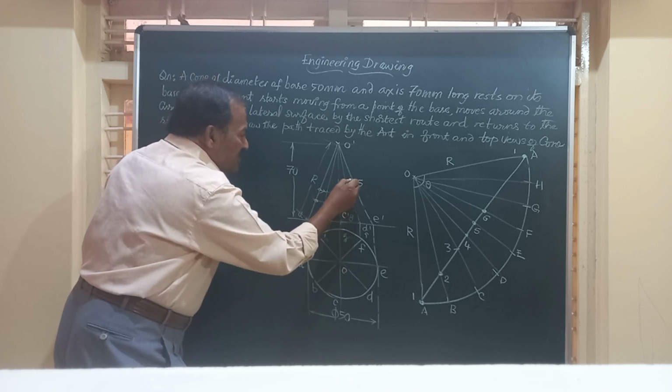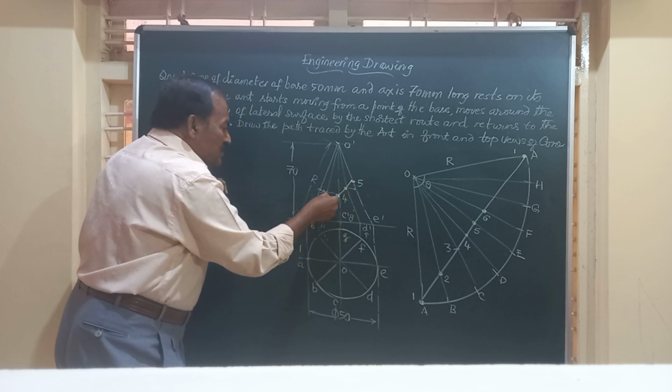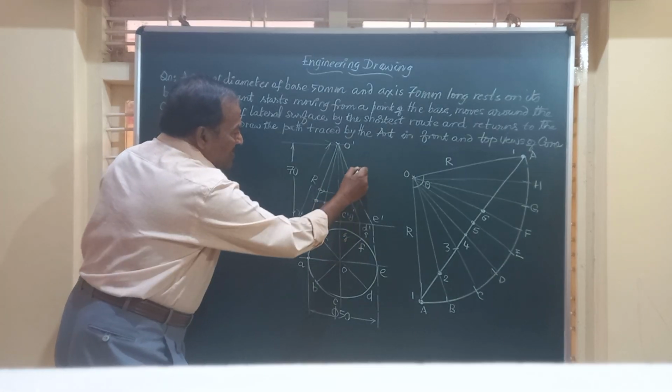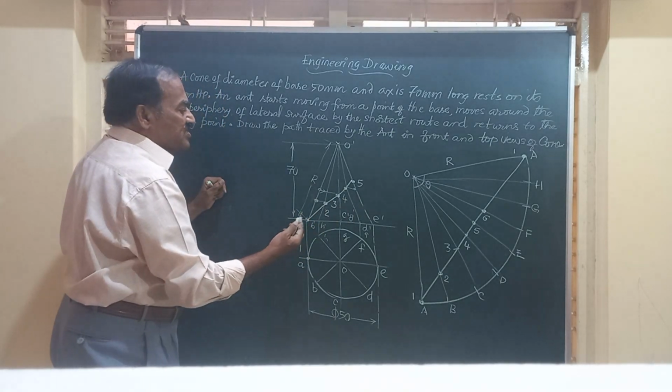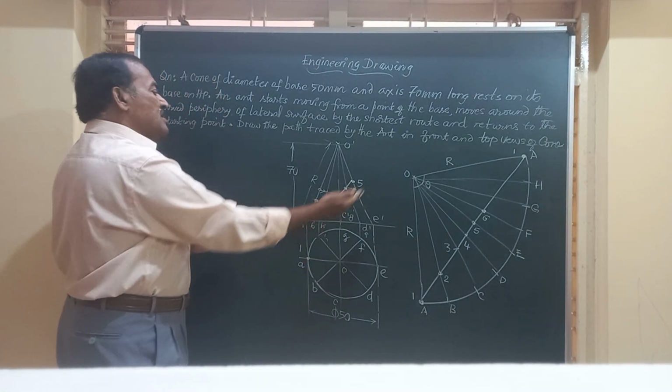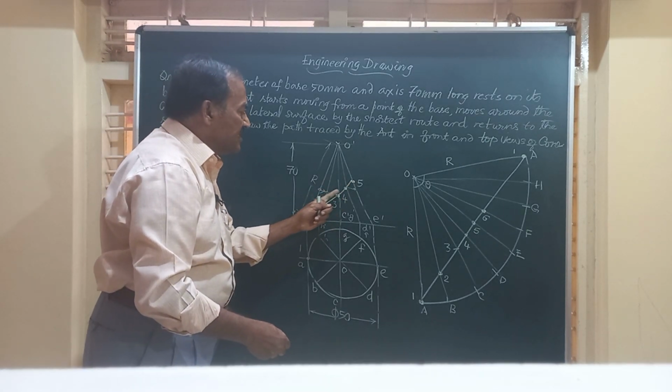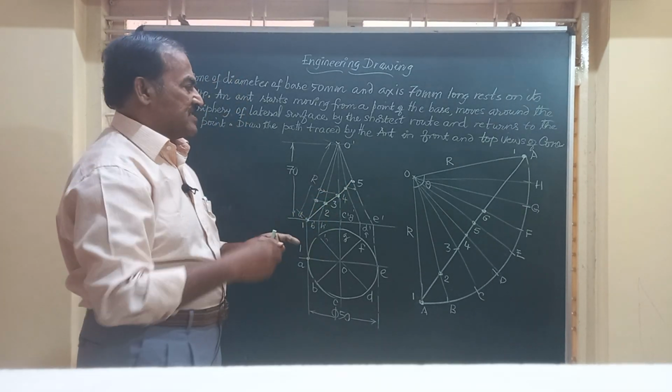So friends, this is how the ant is going to move in a curved periphery along the lateral surface. So this is the front part. And the second, the back side also, it is going to retrace on the same curved path.